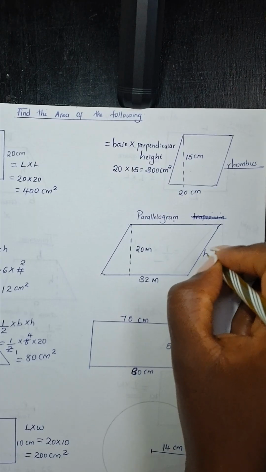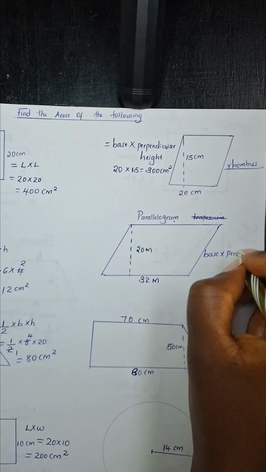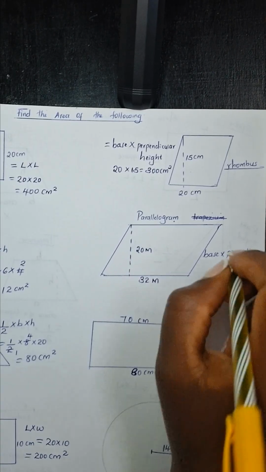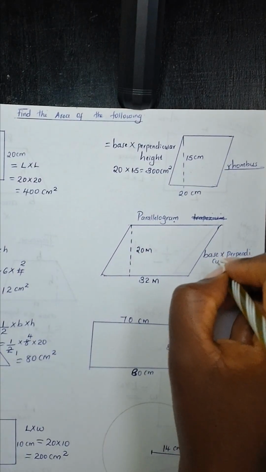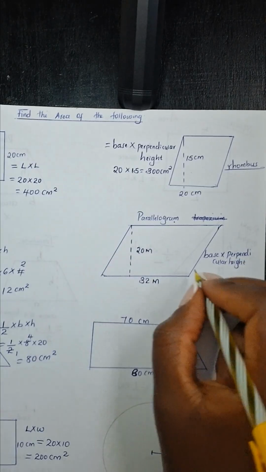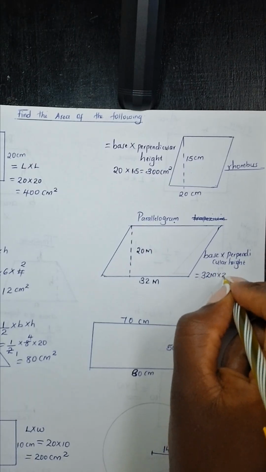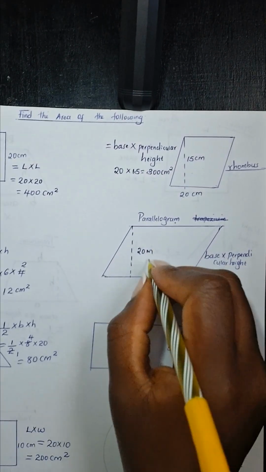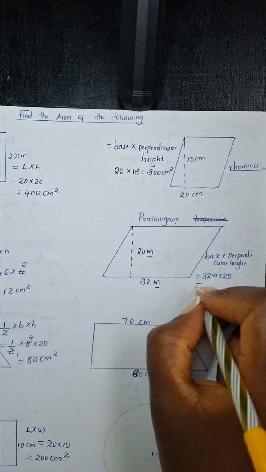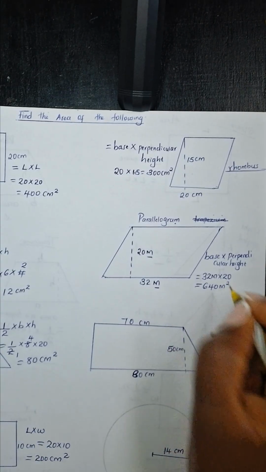So again, we find the base, we multiply by perpendicular height, okay? You just take 32 meters, you multiply by 20, and take note of the units. So I'll get 640 meters squared.